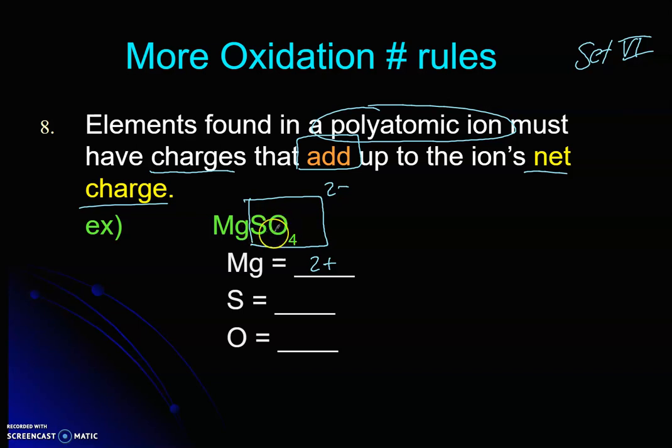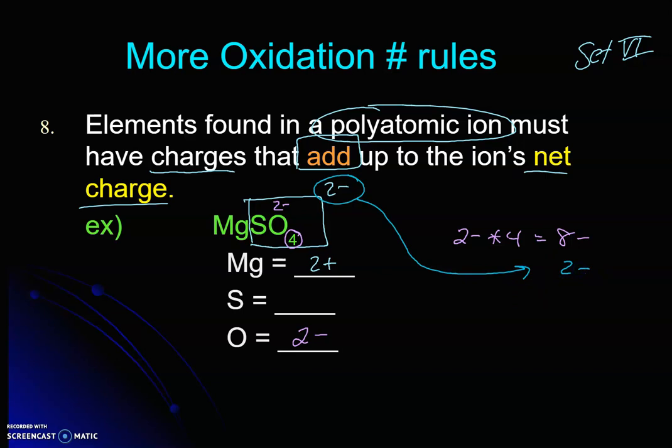Do we have any rules for any of these? Yes, we have a rule for oxygen. Oxygen is always a 2-, so we're going to use that, and I have 4 of them. So 2- times 4 means that I have an 8- charge. Now, if you remember, the total charge of the ion is a 2-.